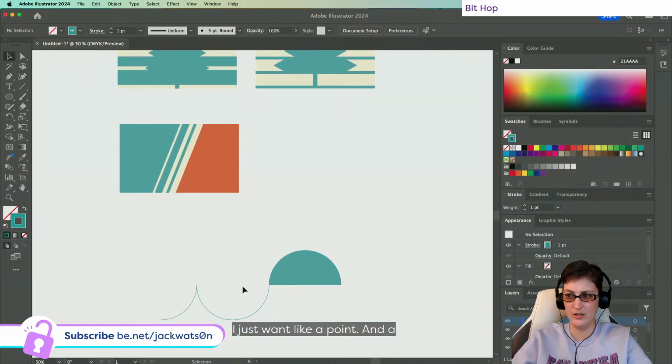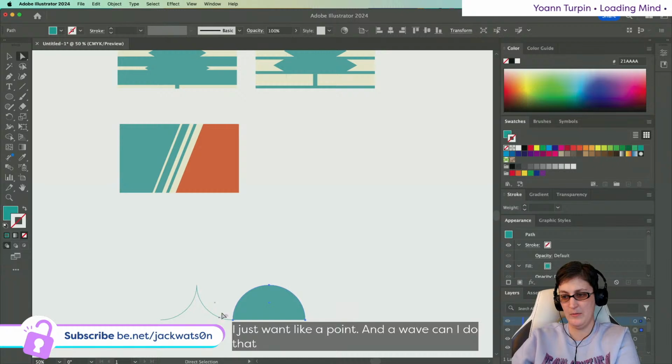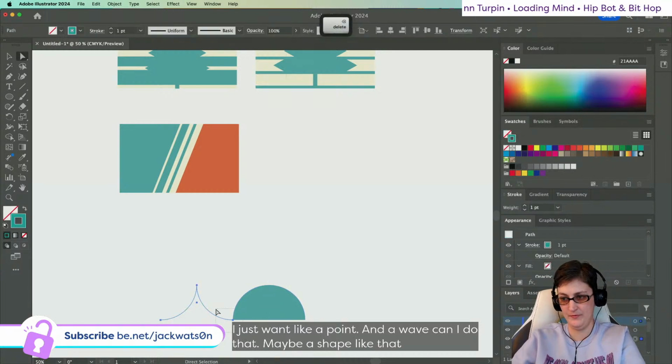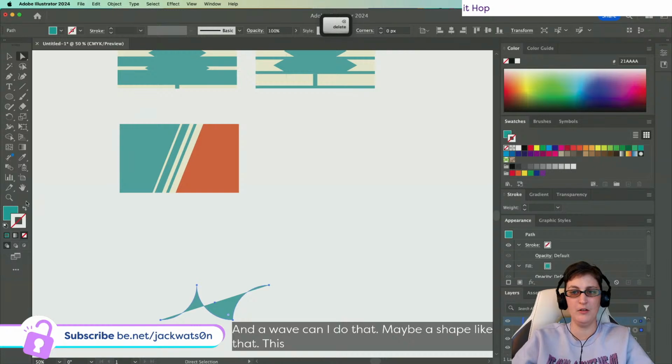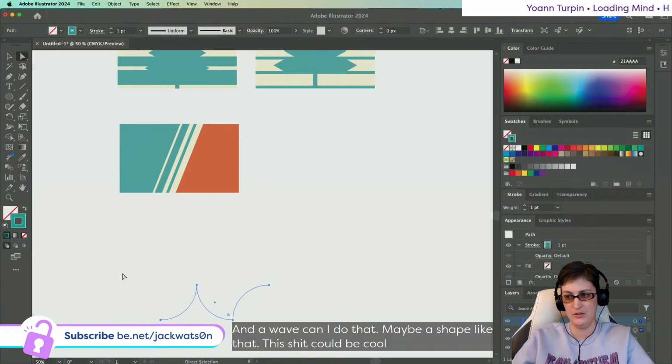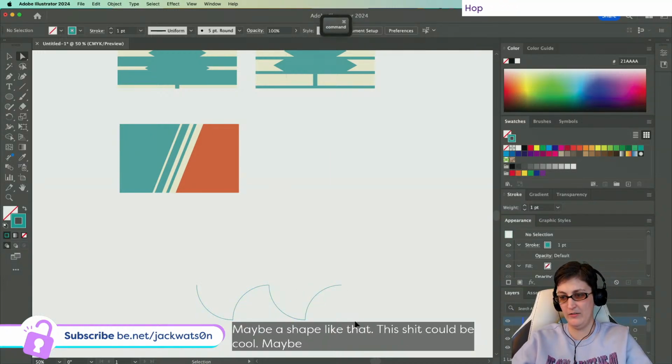And a wing? Can I do that? Maybe a shape like that? This shape could be cool. Maybe it's a little bit too wavy.